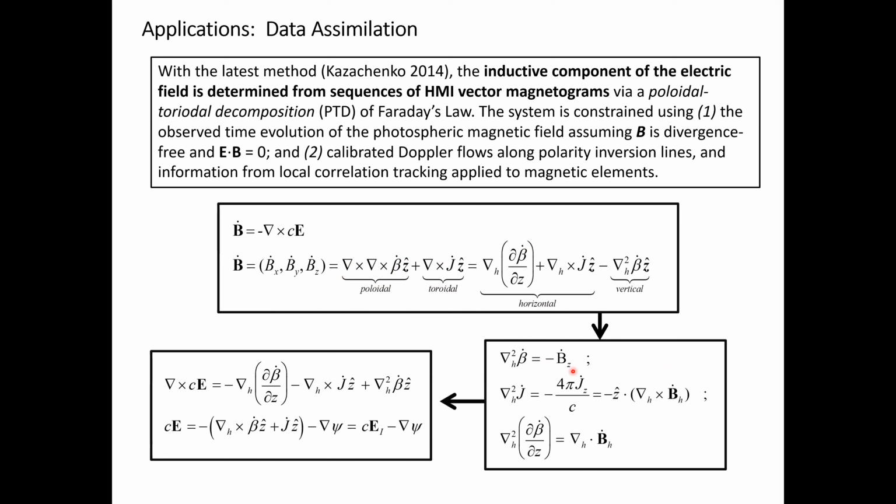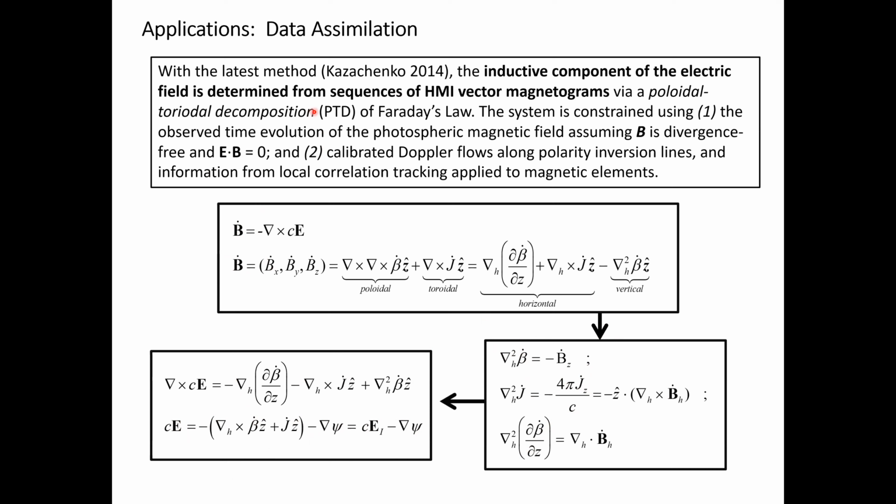Once you solve for these two scalar functions, you can back out the electric field, and you've basically uncurled this equation and have an expression for the electric field that's consistent with your observations. The left-hand side of this is what you observe, and you can just plug it in.